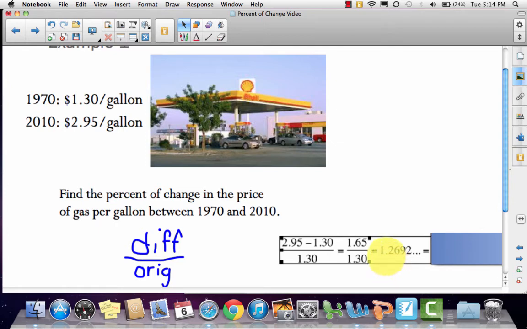I do that by multiplying it by 100 or moving the decimal 2 times to the right, which would end up giving me 126.92, so on and so forth. I'm going to round that to the nearest whole number, which gives me 127%. Looking at these prices, they obviously got bigger over the years, so this percent of change would be an increase of 127%.